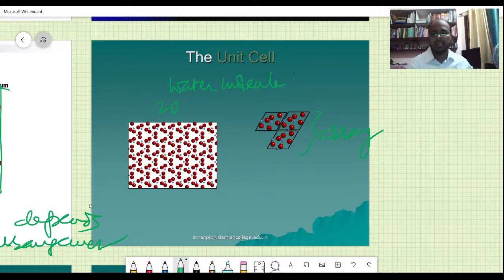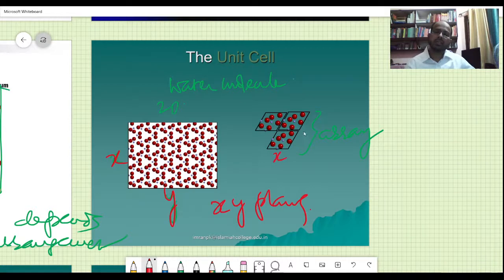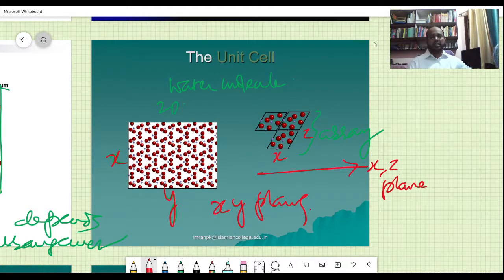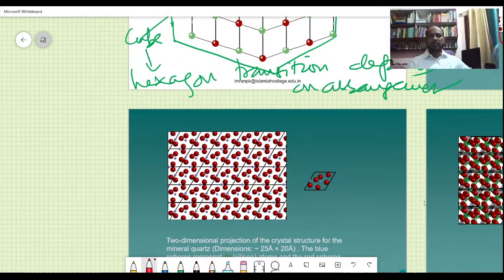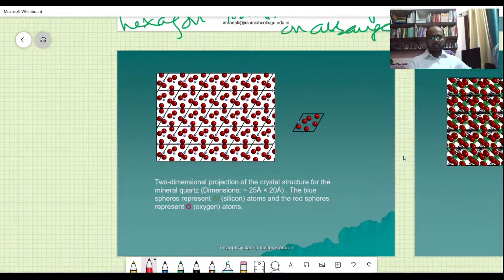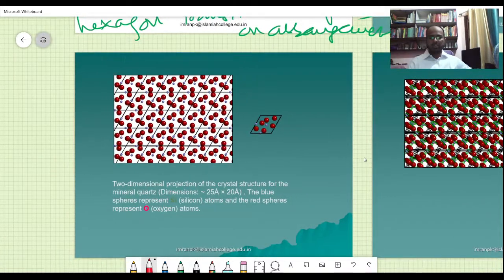If you consider this as x and y, then this is the xy plane, and this is x and z, the xz plane. Both do not give you any idea about the crystalline structure unless you introduce a tied array.